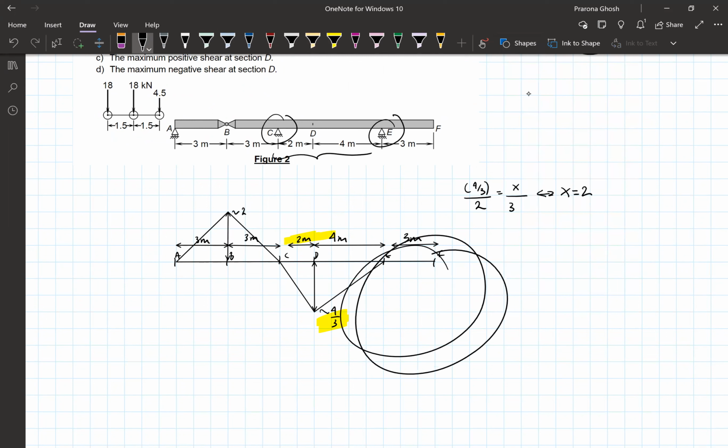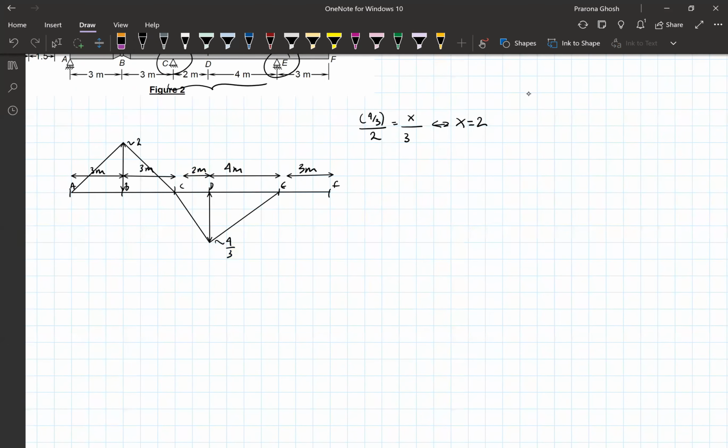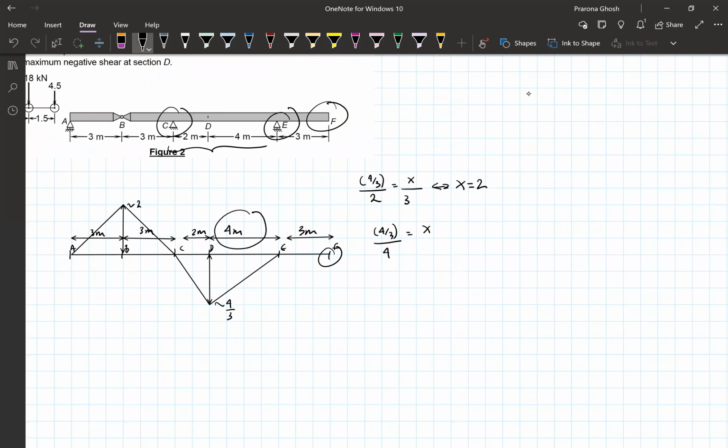And now we need to figure out what's on this side. For this side, we use the 4 meters and the 4 over 3 and do similar triangles again. So we know that when it's 4 over 3, our distance is 4 meters this time. We're trying to find what it is at F, because at F there's no support, so it doesn't end at 0, right?